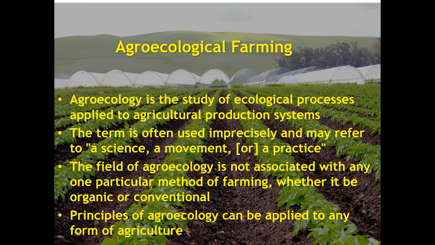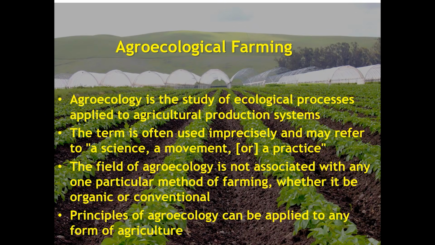Moving on to agroecology. Agroecology seems to be an overarching theme of all these ecological systems. And the definition that I found was that it's the study of ecological processes applied to agricultural production systems, in a summary. And the term seems to be used imprecisely and may refer to a science, a movement, or a practice.